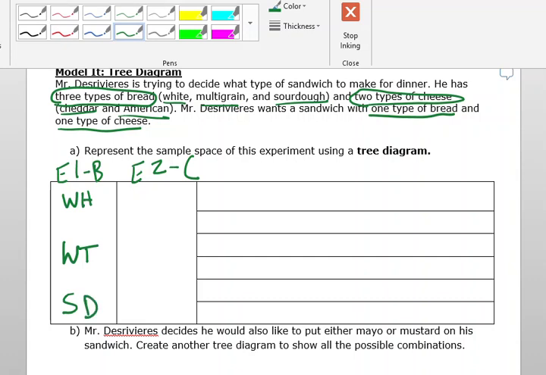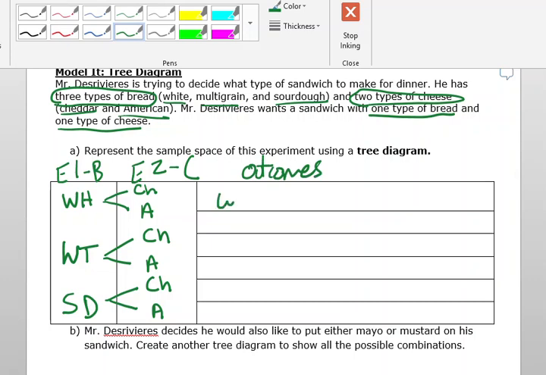And then for each of these, I could choose either cheddar or American. Cheddar or American. Cheddar or American. Okay. And then I can use this space over here to list out my possible outcomes.